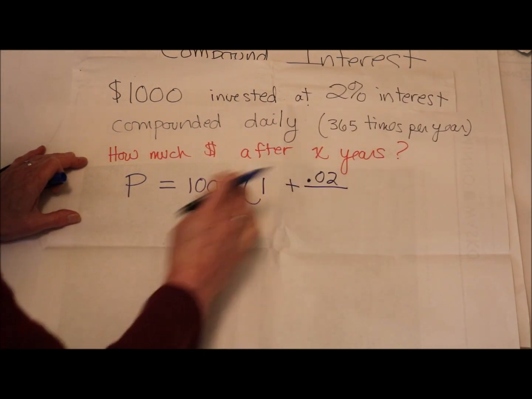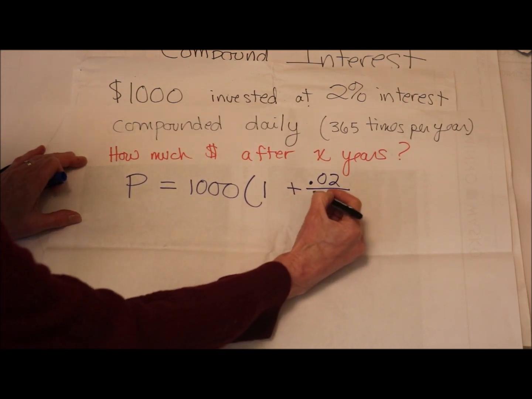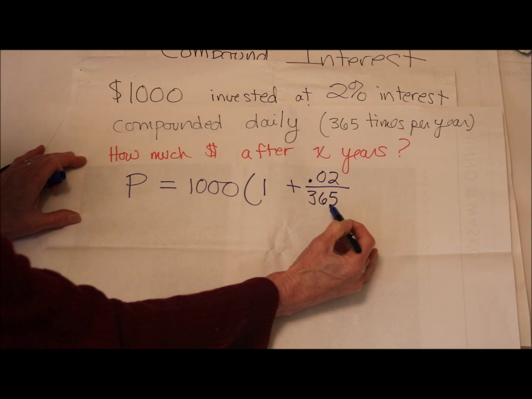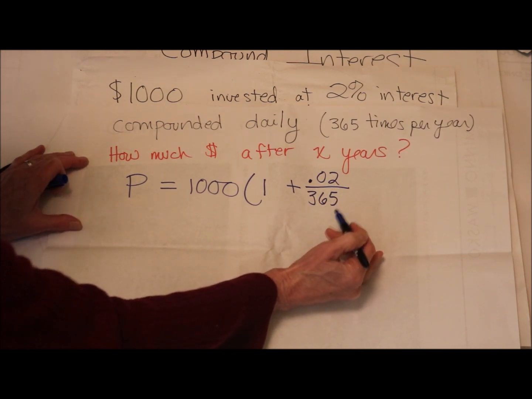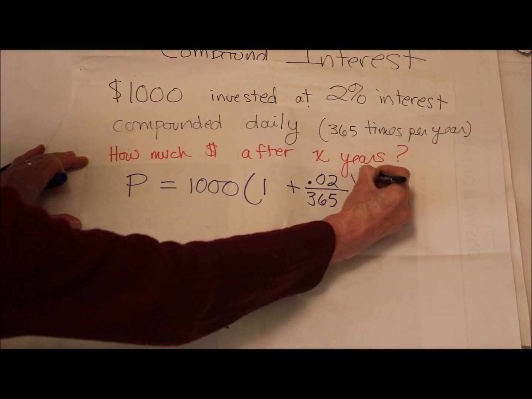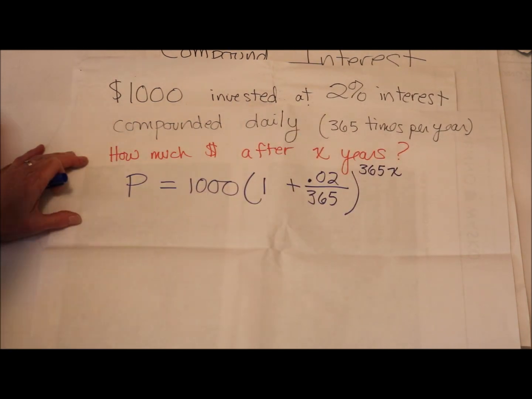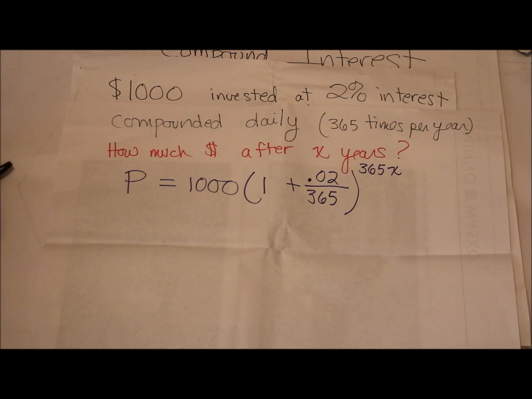And I'm not getting 2%, but I'm getting a fraction of that, 365th of 0.02. And I'm doing that how many times per year? 365 times per year. There is your equation right there, or your model.